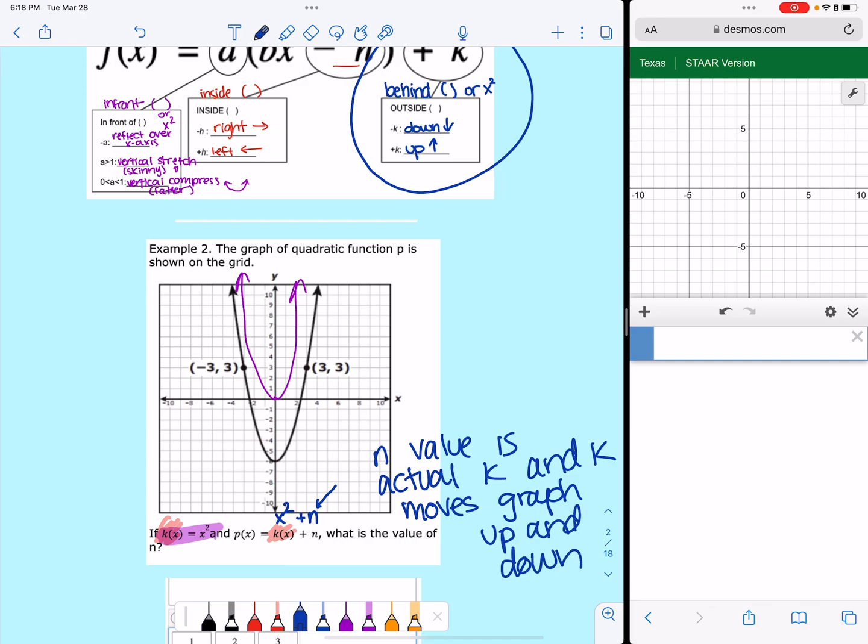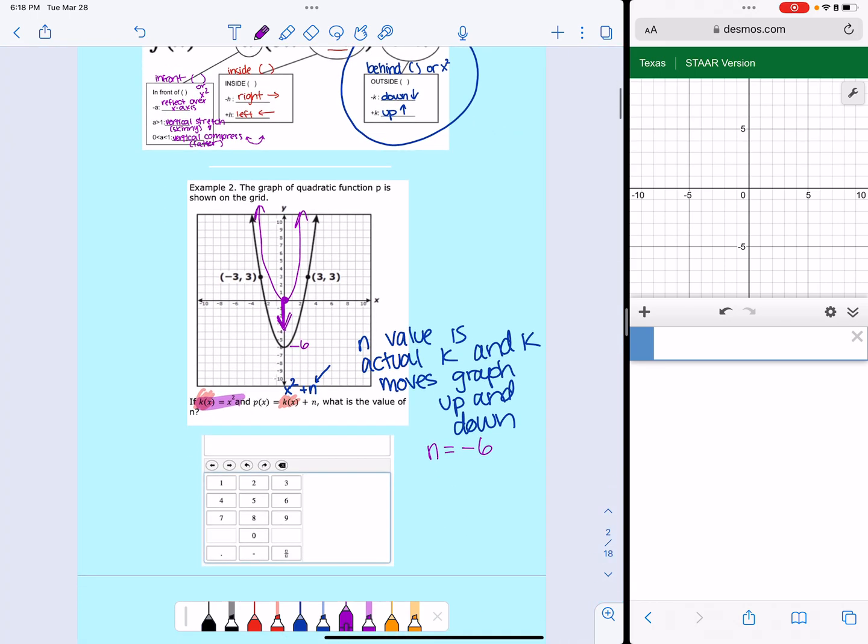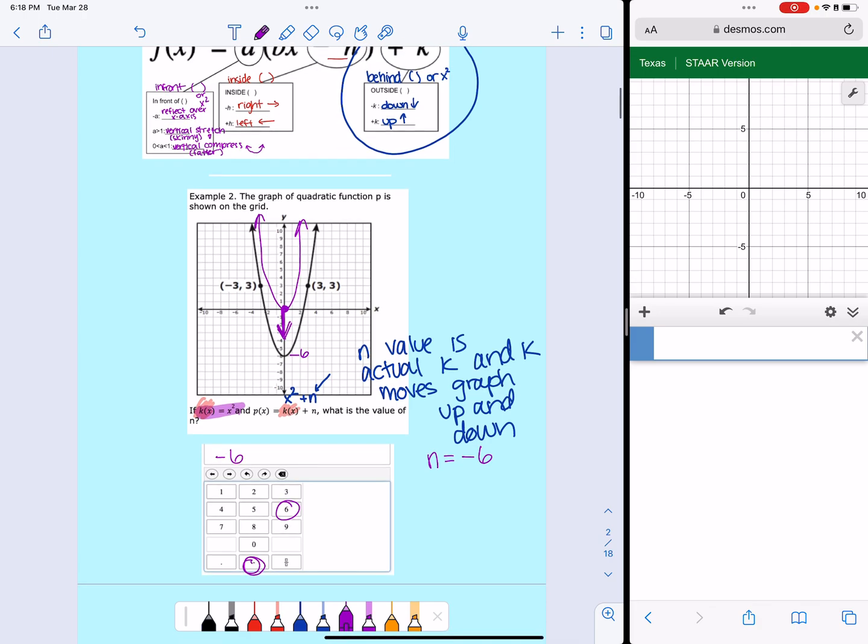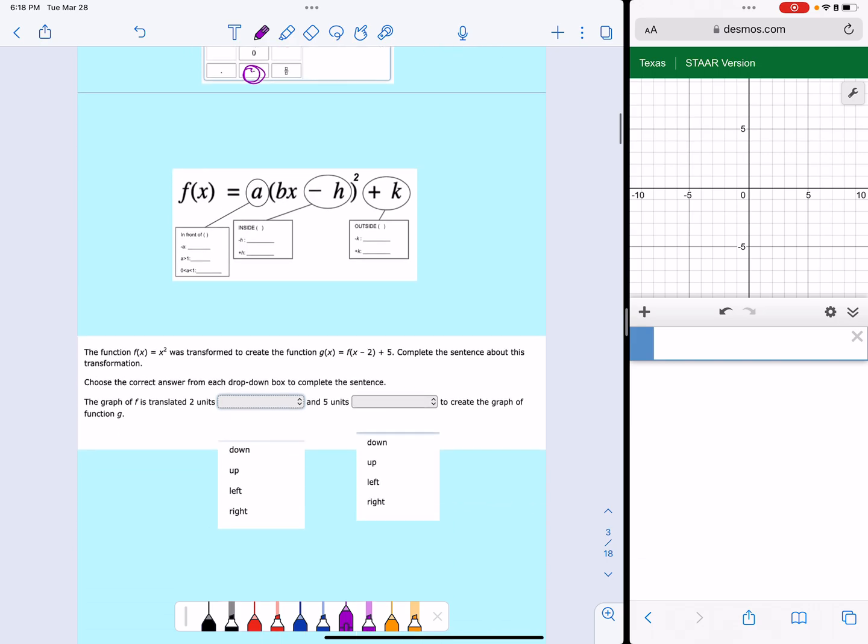And if we know we start at 0, 0, we know we went down. We went down to -6. So our n would actually be equal to -6. That's it. K equals -6. So -6.